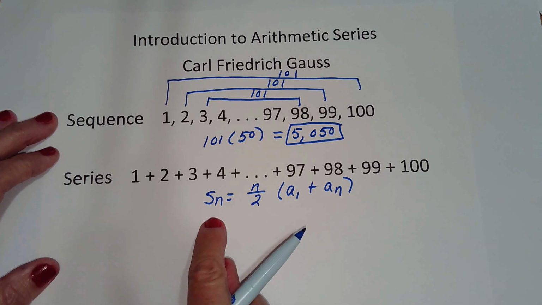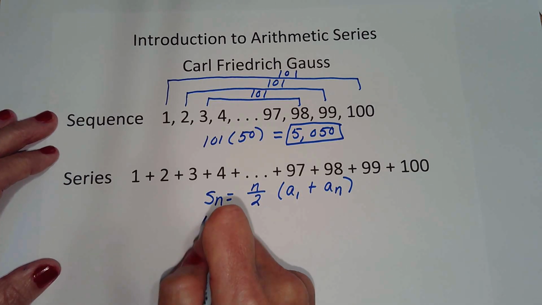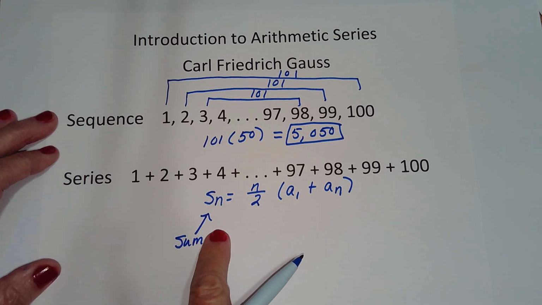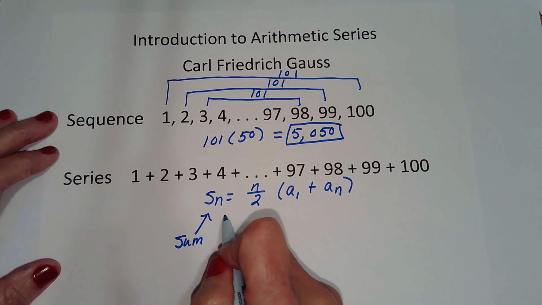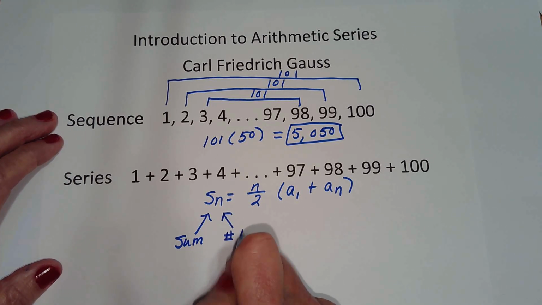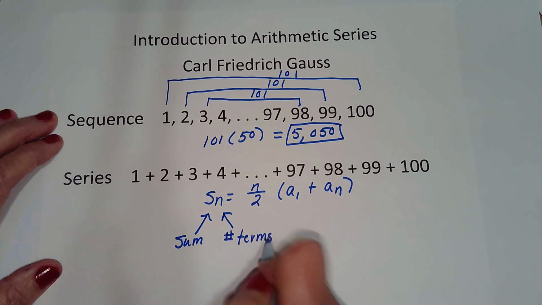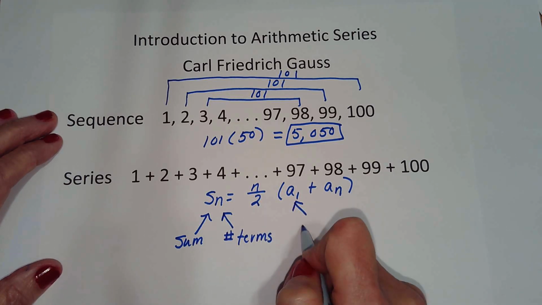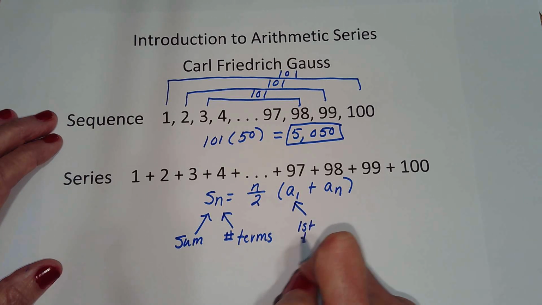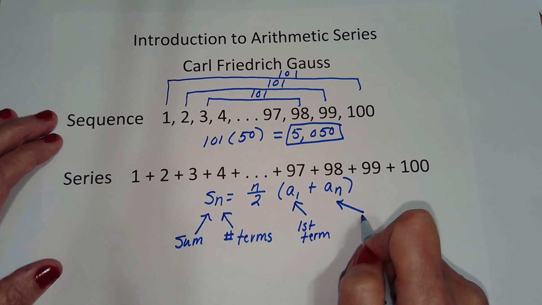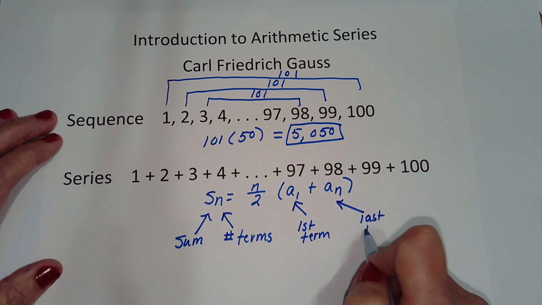S sub n stands for the sum of a finite arithmetic sequence. n stands for the number of terms. a sub 1 stands for the first term, and a sub n stands for the last term.